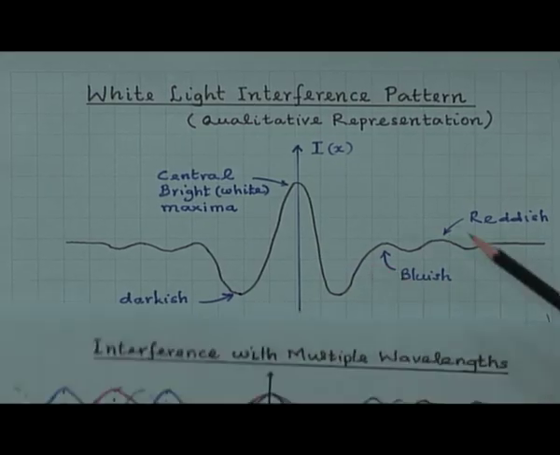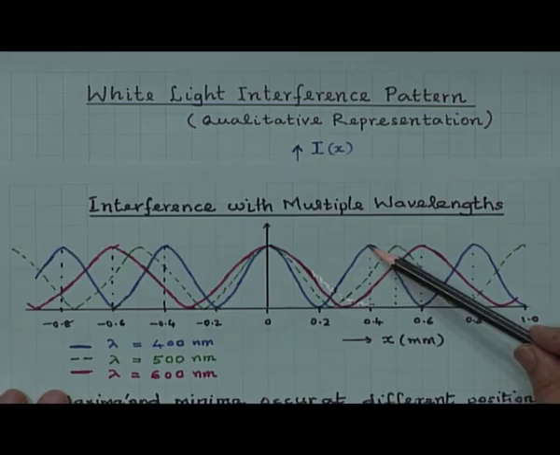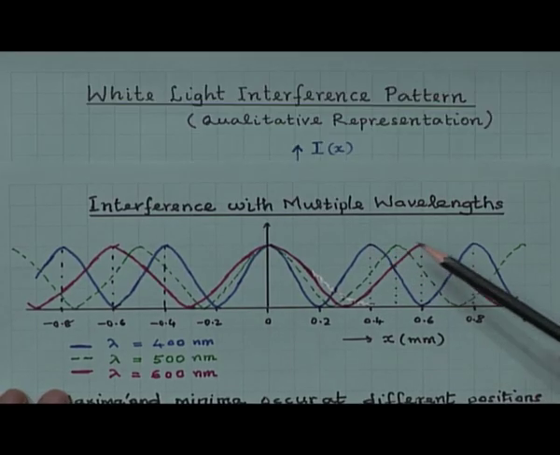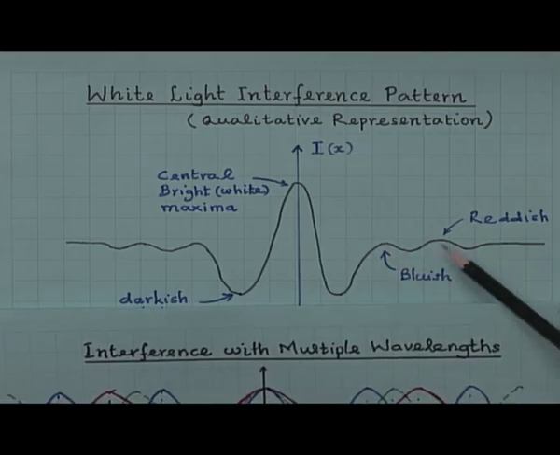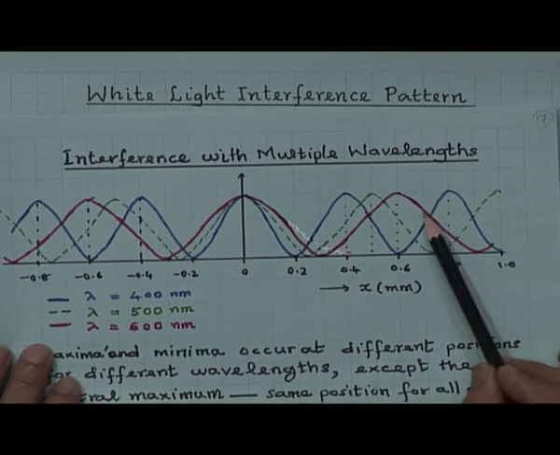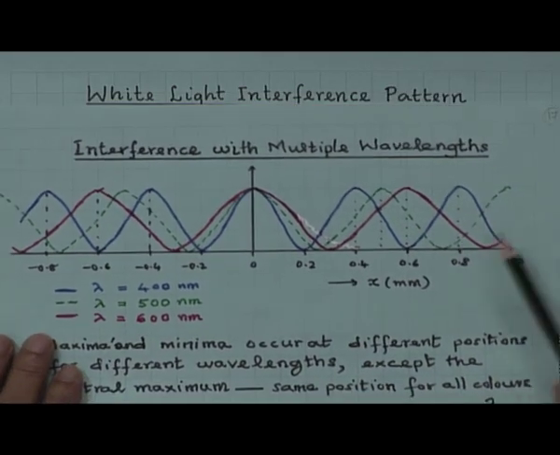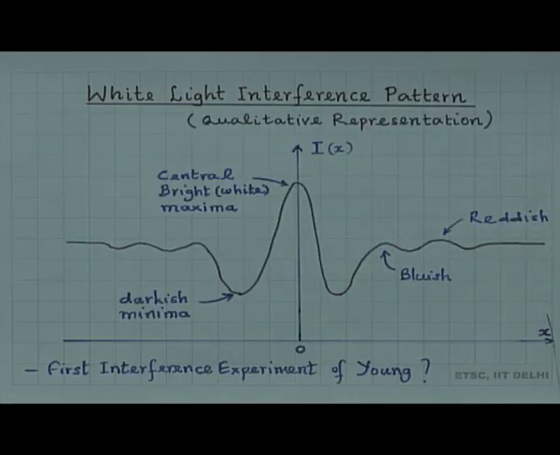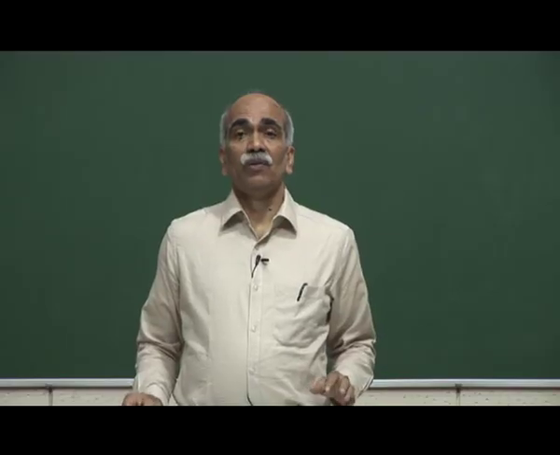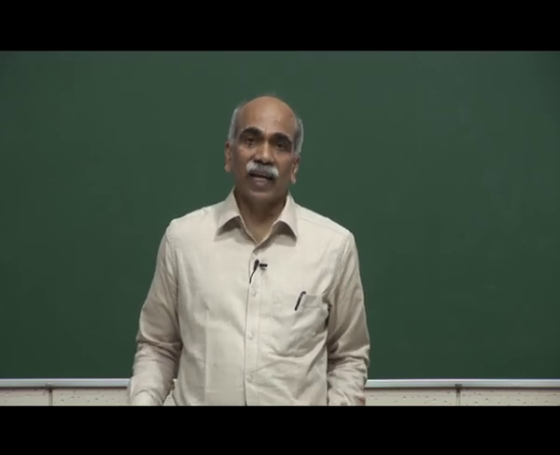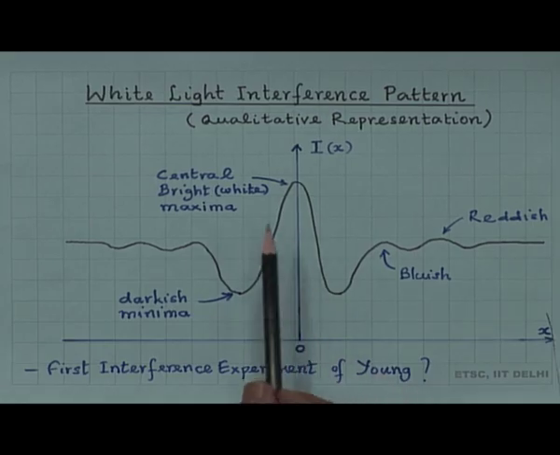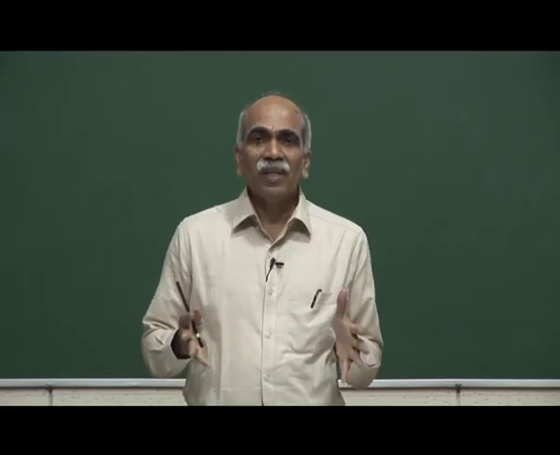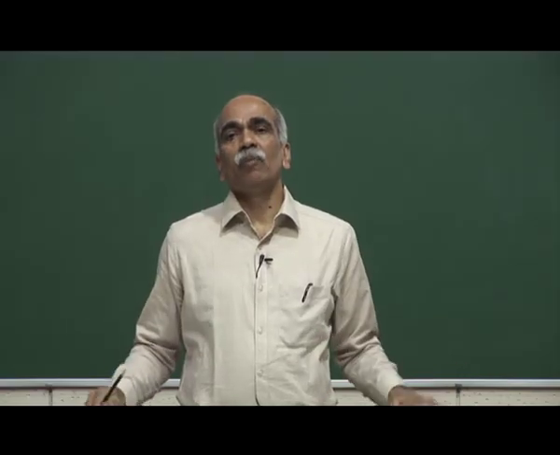Then we have the blue maxima, orange, green maxima and red maxima, and therefore, we have slight variations, bluish color, reddish color, and finally, all of them vary in such a way that we simply have uniform illumination. This is Young's first experiment when he did it with sunlight. This is the first interference experiment of Young. He saw one bright fringe, some colors and then uniform illumination.